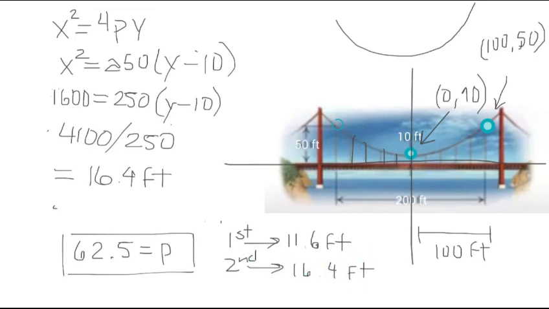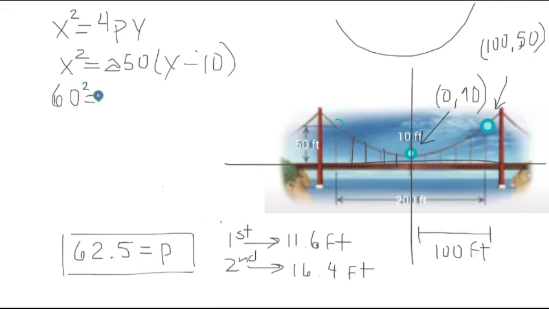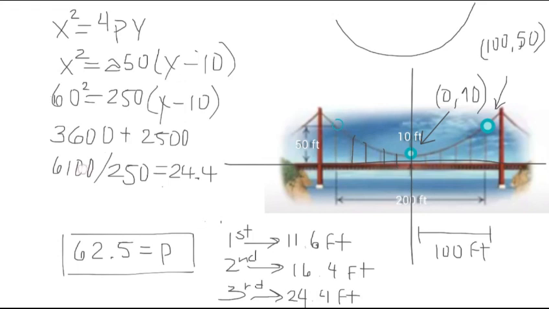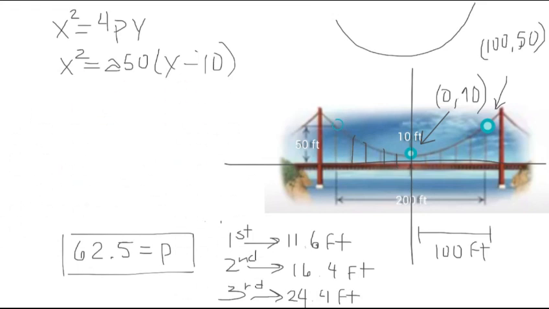As you can see, we changed the x to 60 now, and following the same process of the distributive law, it'll give us a length of 24.4 feet. And now we'll just skip right to the fourth one without using this process because we all know it. And so the fourth one will be 35.6 feet.